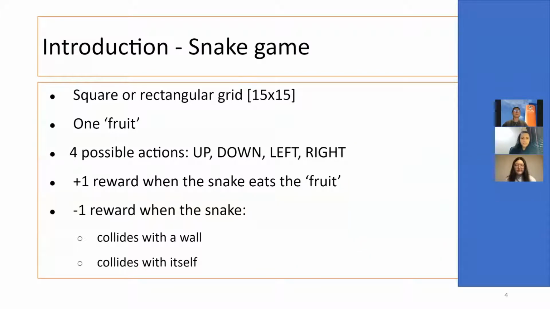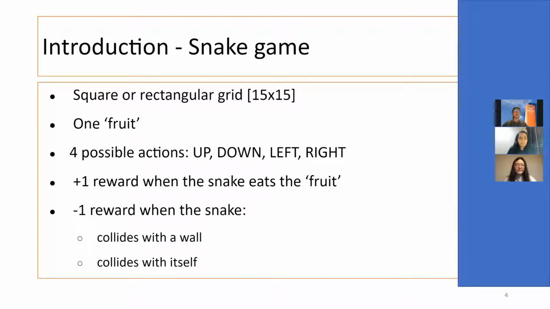Moving on. So this is how the problem can sort of be modeled as an AI problem. The environment is a grid, and in our case, it is a 15 by 15 square grid. There is one fruit that the snake has to eat at any given time, and there are four possible actions: up, down, left, or right.